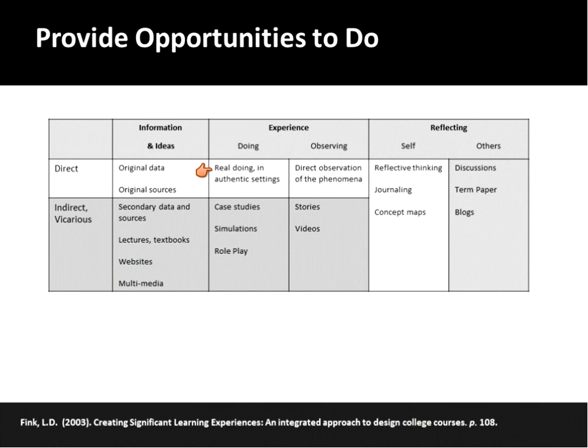They may be asked to do something real or in an authentic setting. Maybe they're taking that data that they've gathered and using it in a way that would actually be used in an authentic setting.